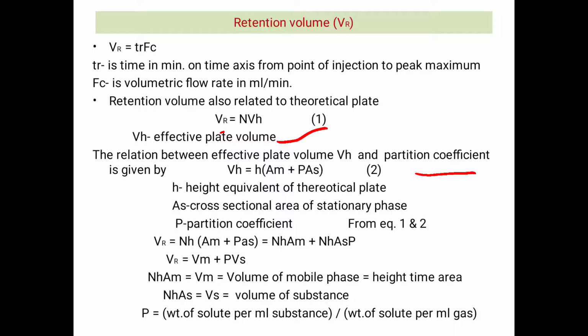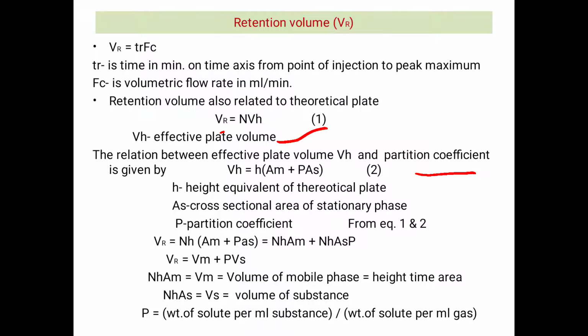Now from equation 1 and 2, these relations are related to VR. Therefore, from equation 1 and 2, put the value of VH in equation 1. So we can write VR is equal to N, and put the value of VH, that is VH is equal to H AM plus P AS.